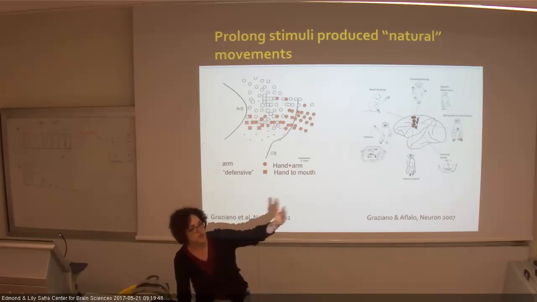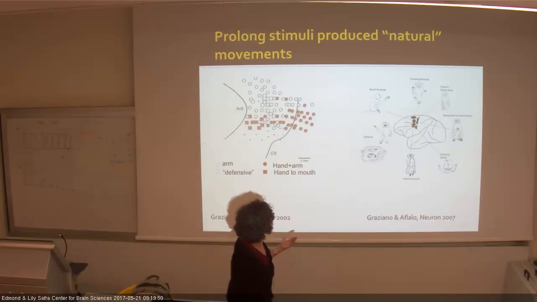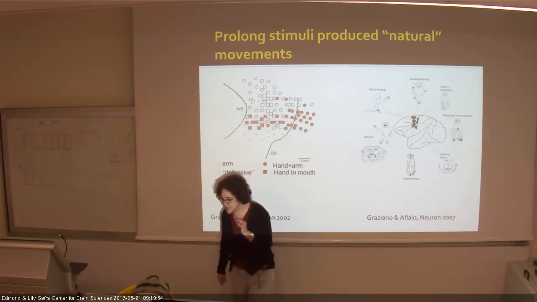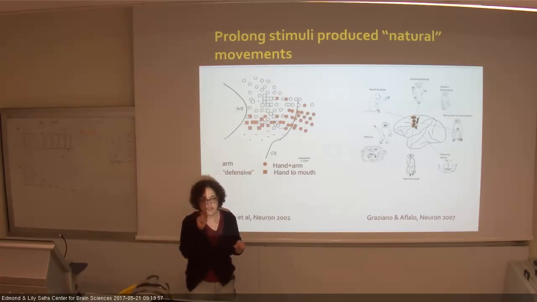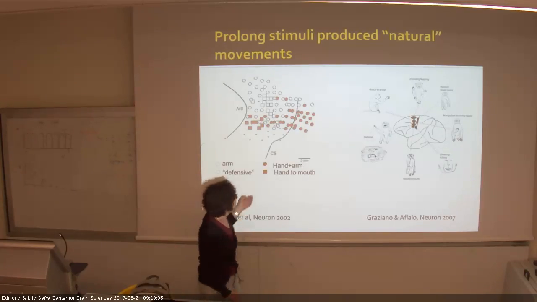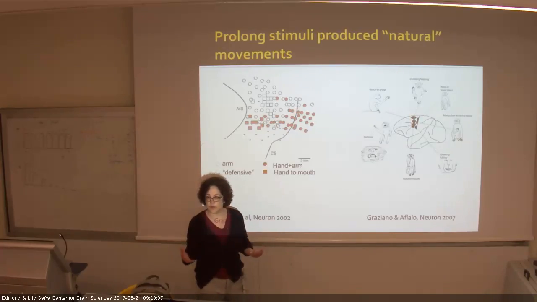So he used a much longer train of stimuli, and what he found is that you don't see the discrete twitches of a single joint as you see when you use a brief train of stimulation. Rather, you see a more natural type of movement.